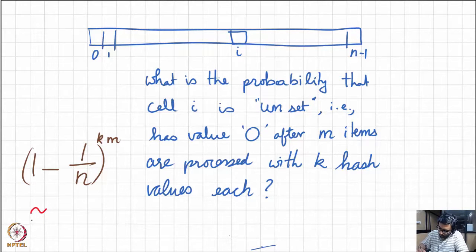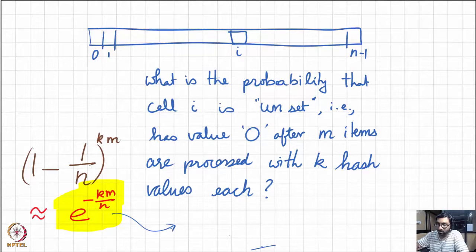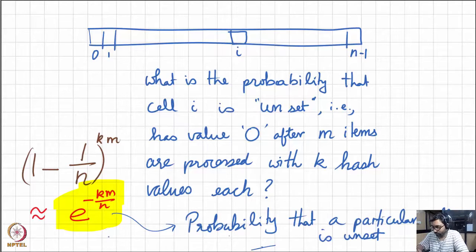And this, we all know, is approximately equal to e to the minus km over n. Now this value is essentially the probability that a particular cell is going to be unset. So for ease of notation, let's just denote this by lowercase p.